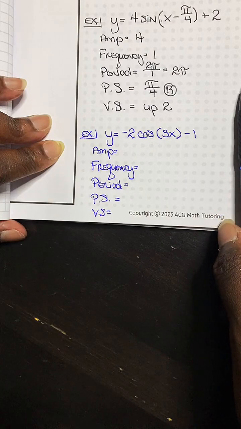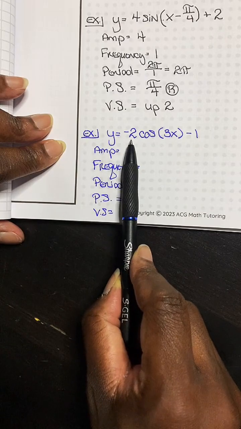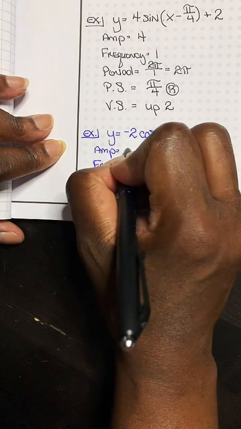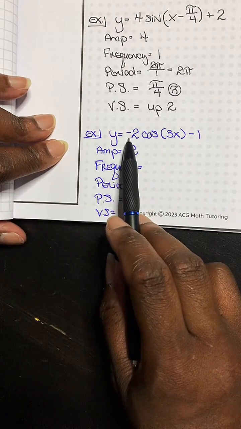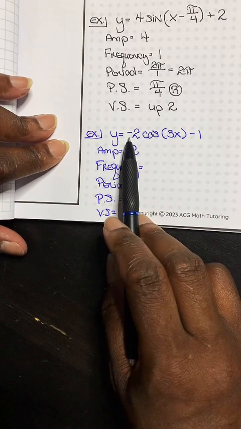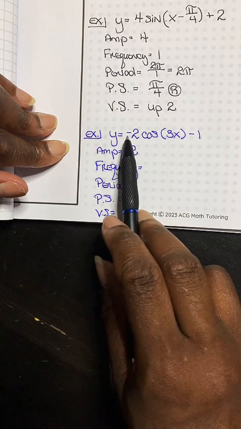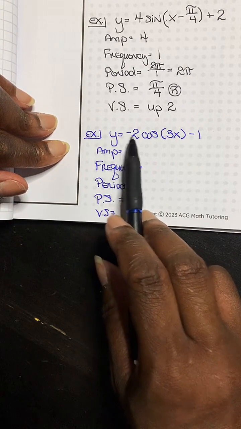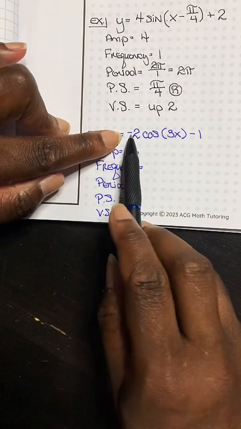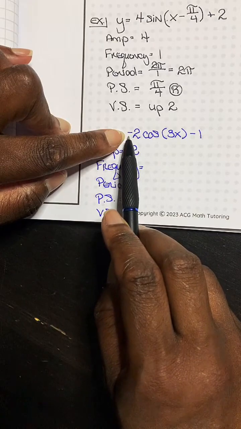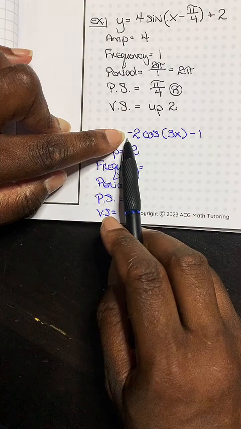So the amplitude is always positive. The amplitude is actually going to be 2. Now, you're probably saying, well, Audrey, I see a negative. True. But this is telling me that once I get everything all shifted, at the last minute before I submit, I have to reflect the graph over the x-axis.